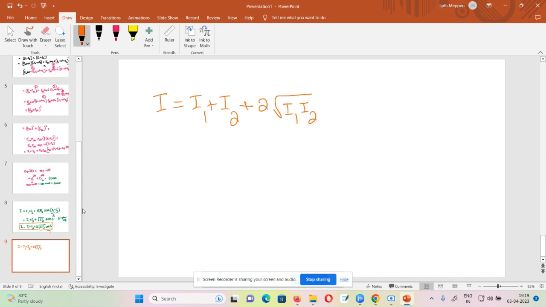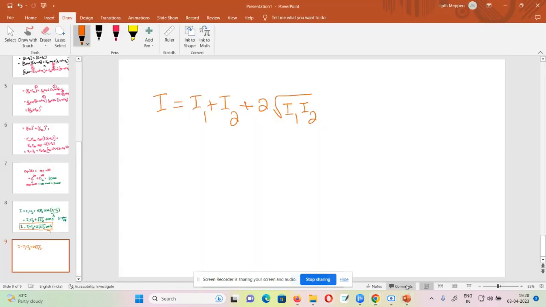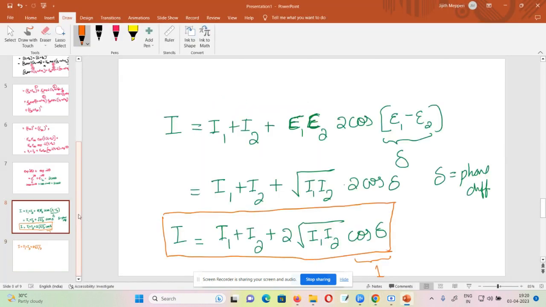Now I'll ask the question, what will be the minimum value of this irradiance? The assignment question is what is the maximum value of the irradiance, so what will be the minimum value? What is the minimum value of cos theta?